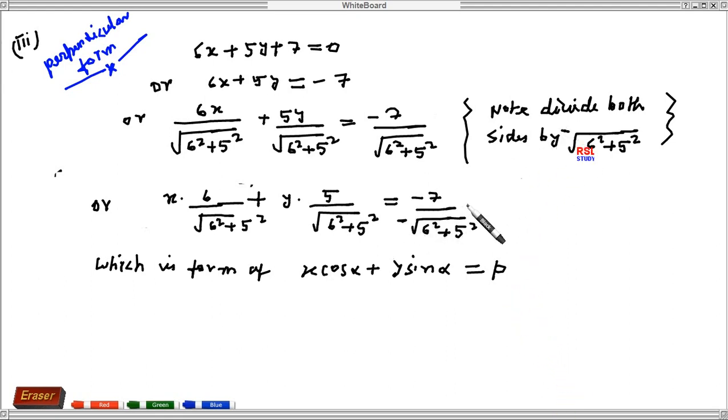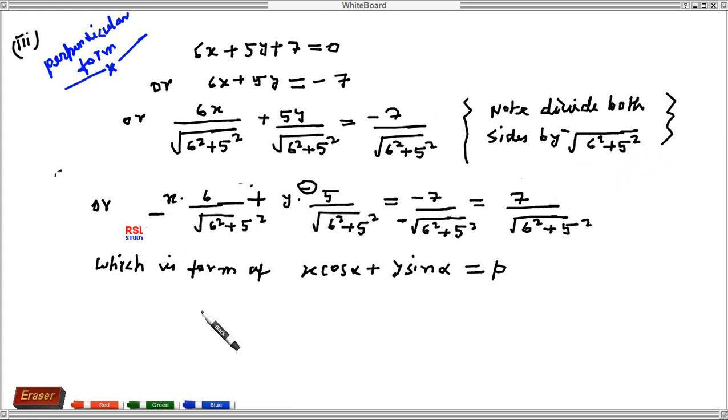If you divide by the minus sign on both sides, then that will cancel, and this will be 7 by under root 6 square plus 5 square. Now instead of dividing by under root 6 square plus 5 square, we have taken the minus under root 6 square plus 5 square and are dividing.